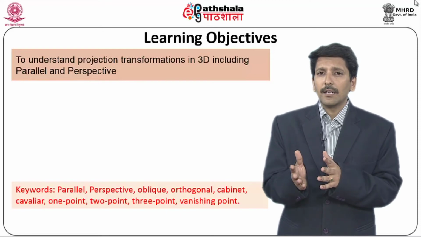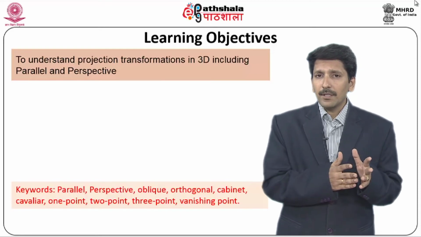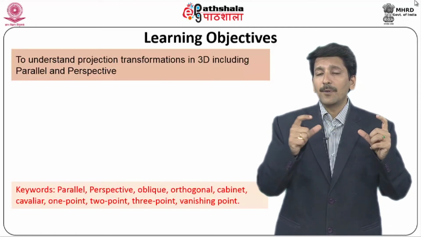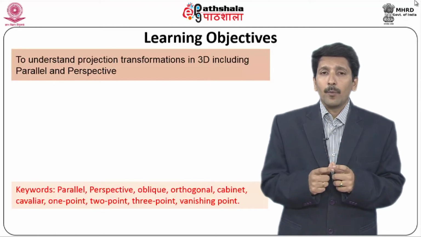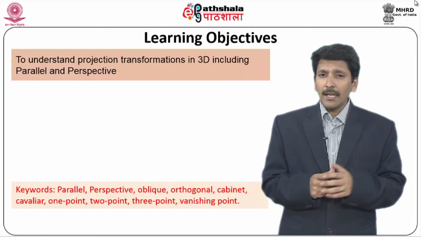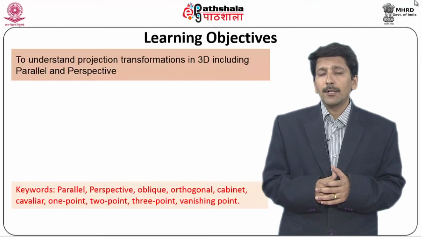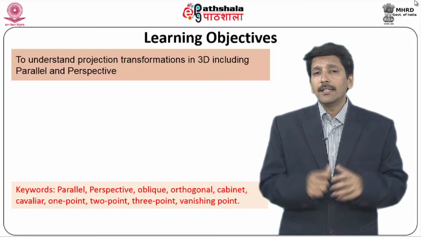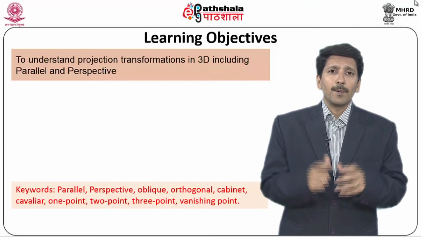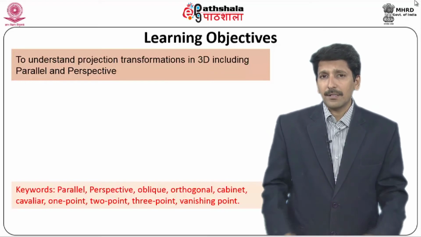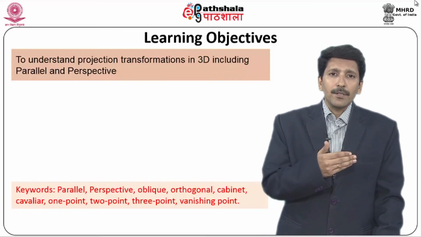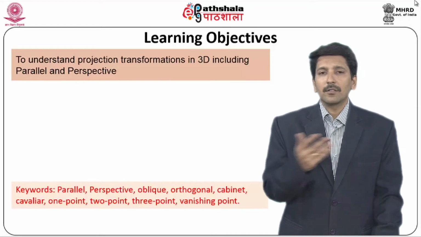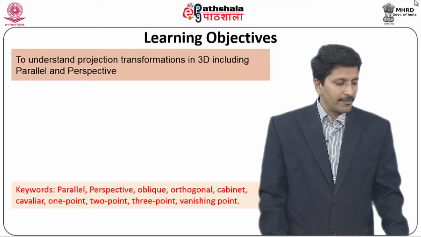The advantage of parallel projections is that we can have better front, side and top views of the 3D world, and they preserve the relative proportions of the sides of an object. The advantage of perspective projections is that they are more realistic, but they do not preserve the relative proportions of the sides of the object. That is fundamentally the difference.